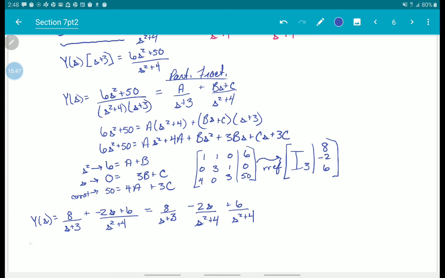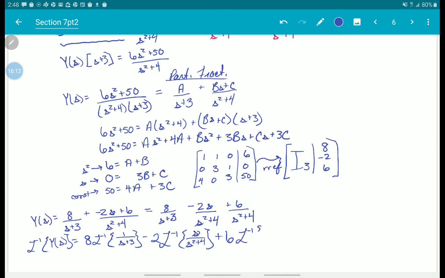So now let's apply the inverse Laplace. When I take the inverse Laplace of y of s, we're just going to get y of t.